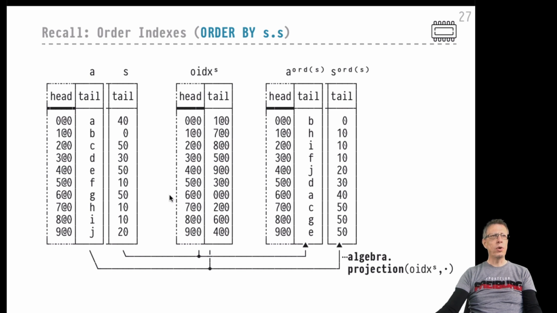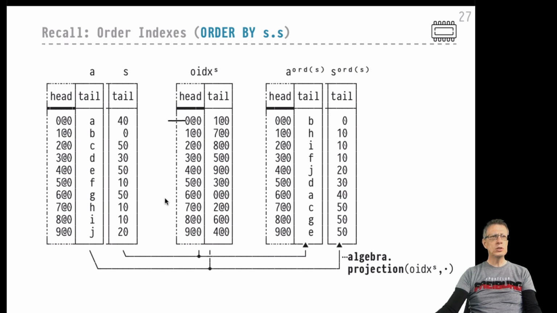So what's currently found in the zeroth row would be placed in the 6th row if that would be an ordered BAT. So what's found in the 1st row in the unordered BAT would actually belong into the zeroth row, in the very first position in an ordered BAT. Let's check. Indeed, this is the 0. The 0 is the smallest element in this S tail column. It would belong in the very first position if S were ordered.